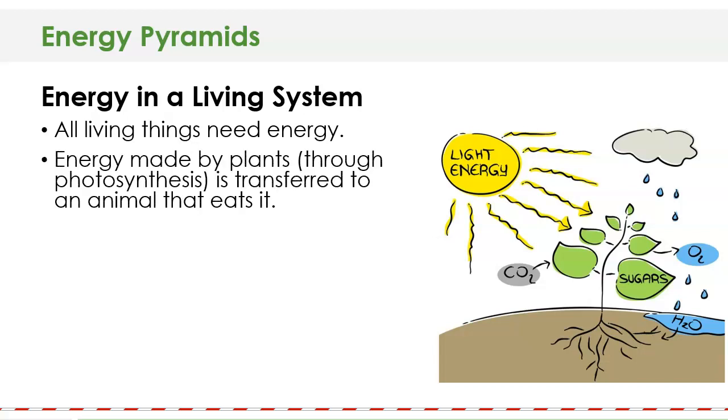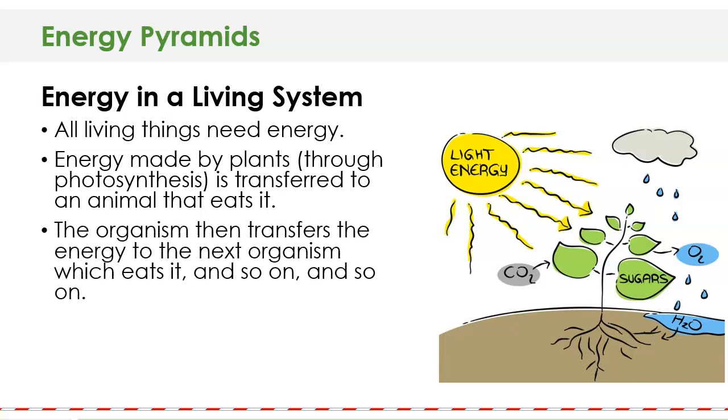And this energy that living things use is made by plants through the process of photosynthesis, where light energy, carbon dioxide and water are transformed in the plant through chemical processes into sugar, oxygen and water. And that sugar is the energy that both the plant needs and that other organisms need in order to survive.